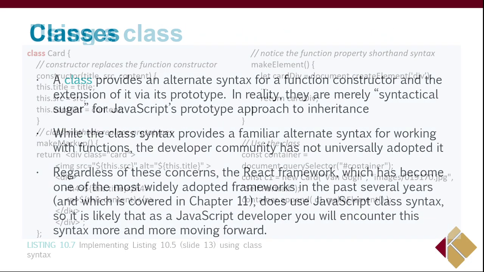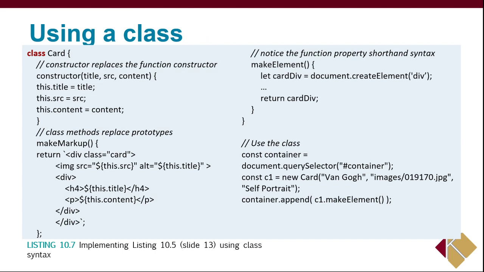So let's take a look back at the class. This is a class card. Notice it is not a function, so it does not have that to put in before the brackets. Instead, it has this thing called constructor, and that's where you put the function constructor in, right? So instead of having function card parentheses title, source, content, you have class card with a constructor of title, source, and content.